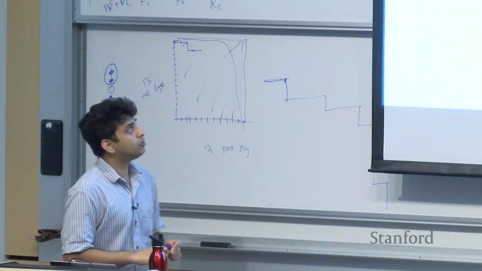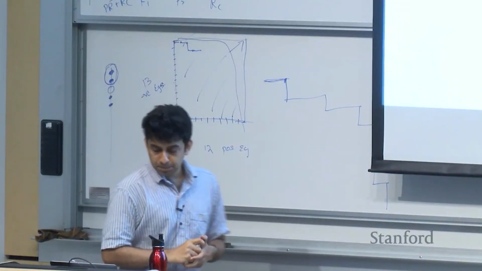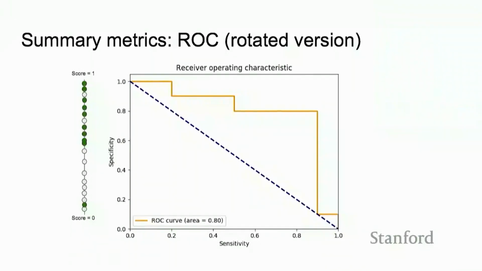Good. A few more observations on ROC curves. If you have a model that randomly assigns probabilities to your examples, then the ROC curve will fall along this diagonal.